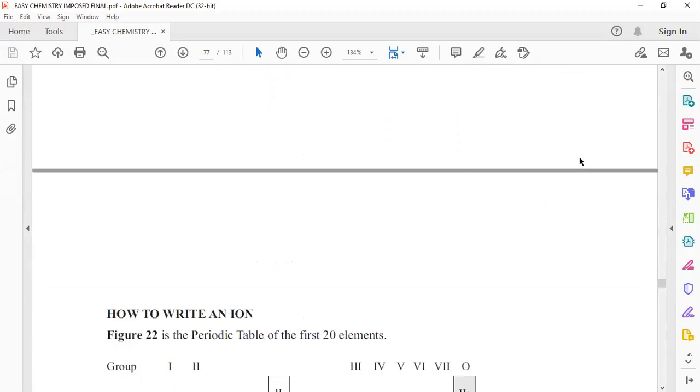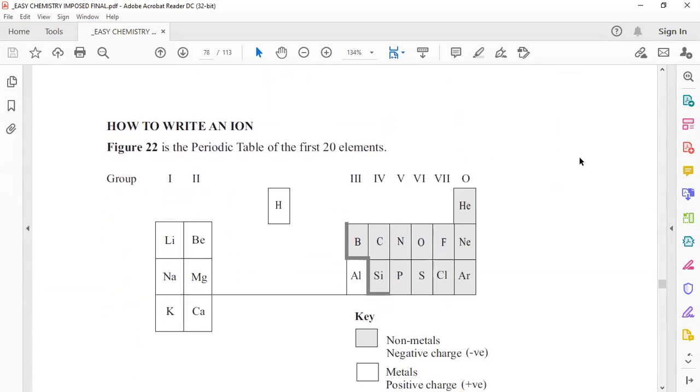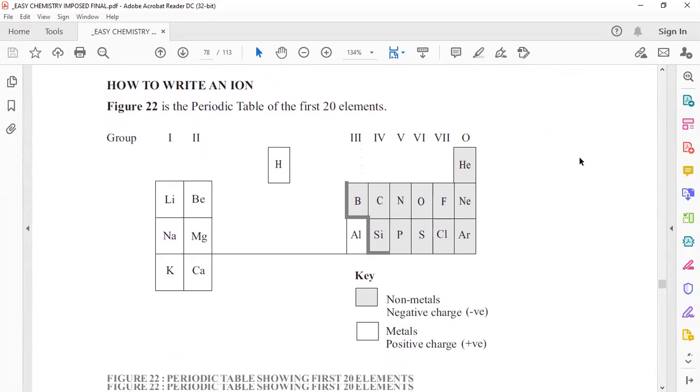We can continue. We looked at how to come up with an ionic formula. People will be wondering, where do these ionic formulas come from? So when you see Ca2+ or O2-, you might be wondering, where do these formulas come from?